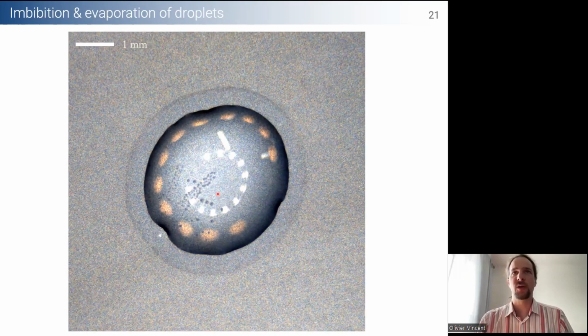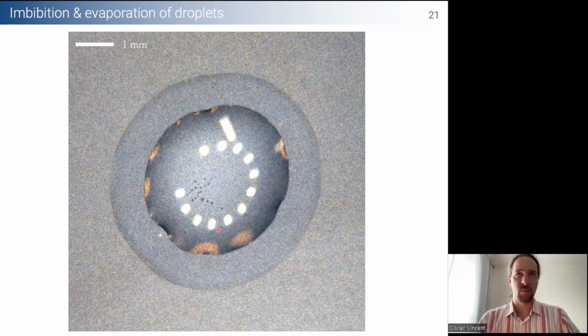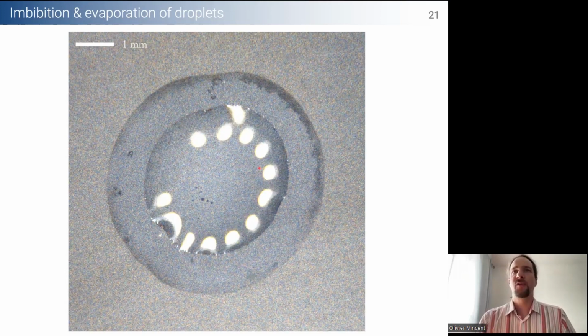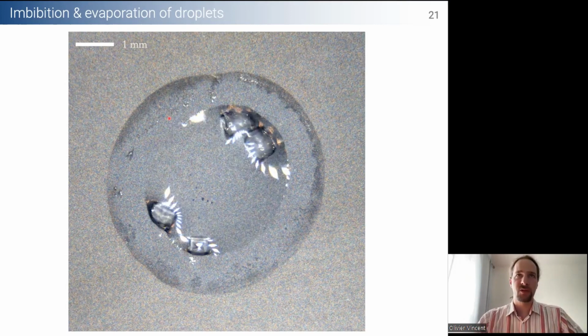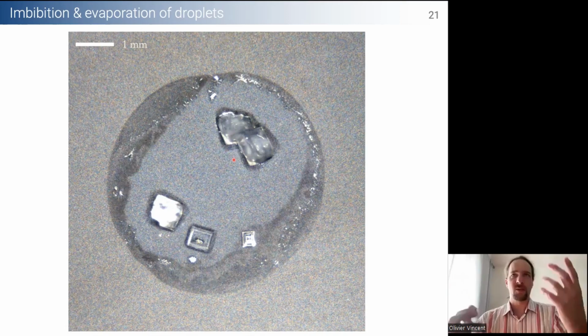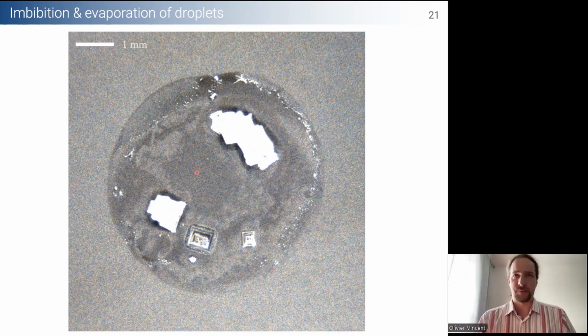And so here's a movie where you see a droplet of NaCl solution deposited on one of these nanoporous layers, and you see a lot of things appearing, but first you have a circular imbibition around the droplet, and due to the fact that it's also drying at the same time due to evaporation, you have crystallization. And we are trying to look at the patterns we get of crystallization both outside and inside of the system, depending on a lot of parameters.